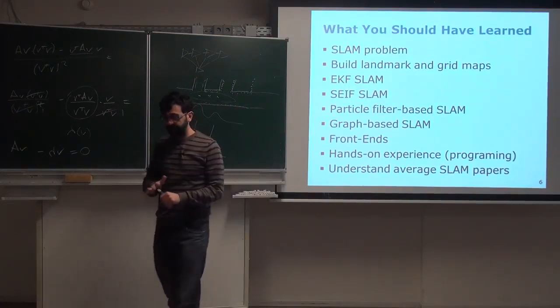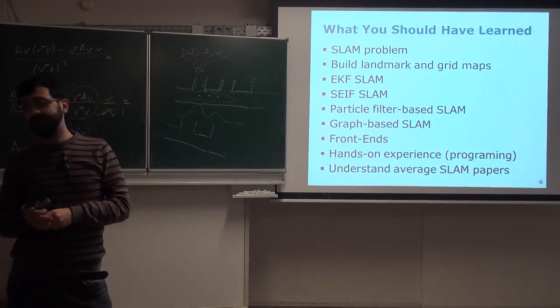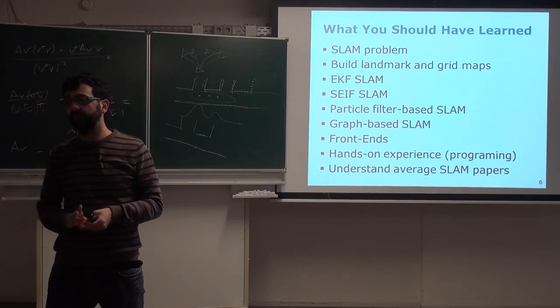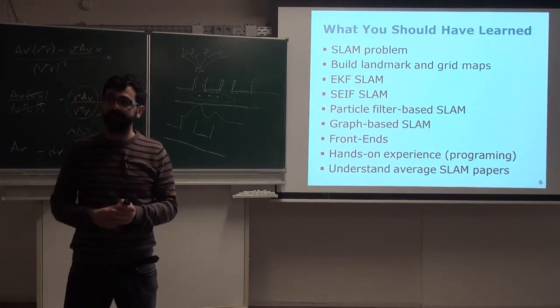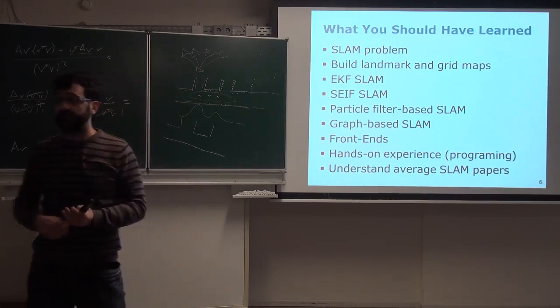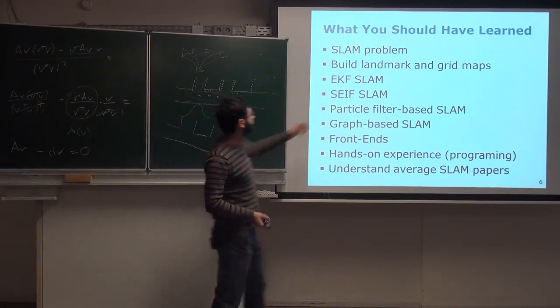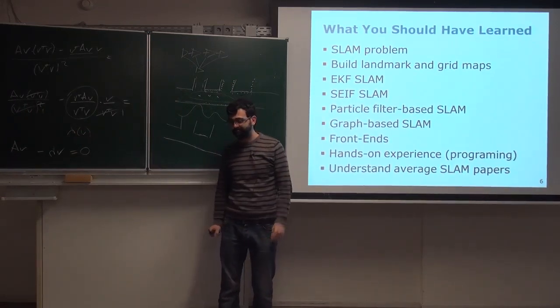So what you should have learned during this class, I hope all of that, some idea on how the problem is formulated, what is the problem, how to build maps, both if you have landmarks and if you have grids, a set of different approaches over time. So they were the state of the art according to their individual time.